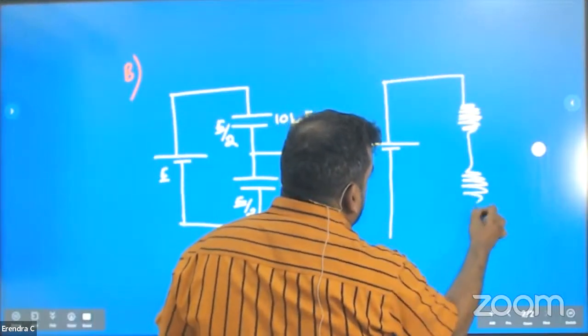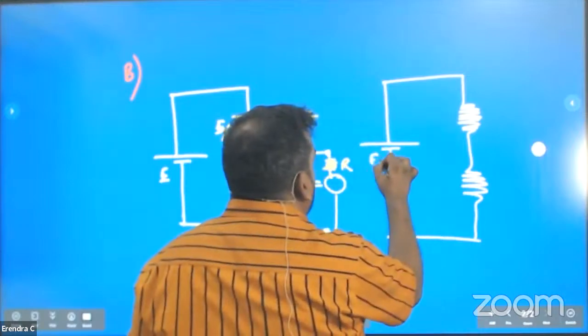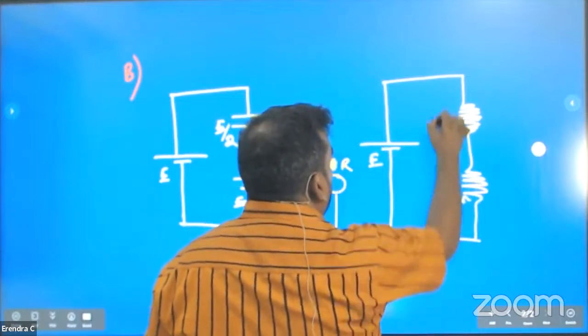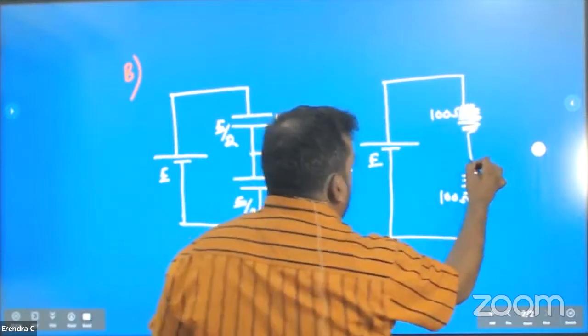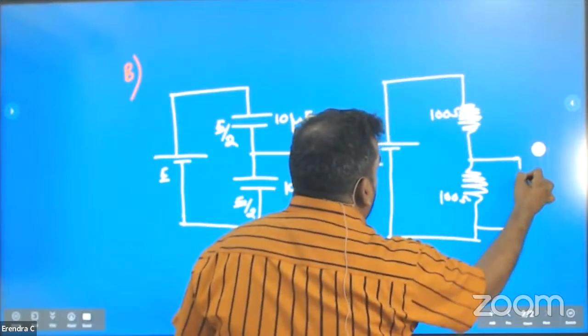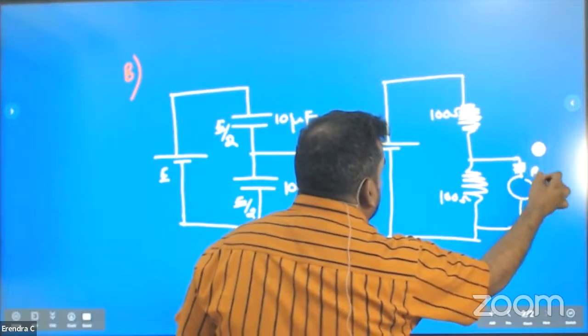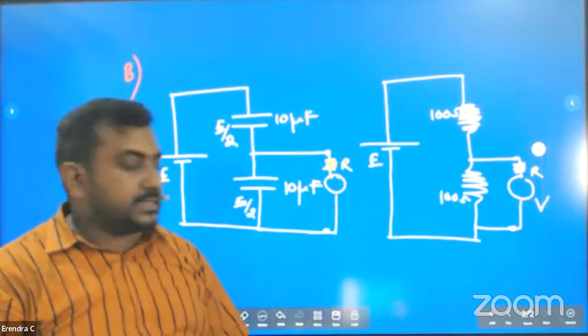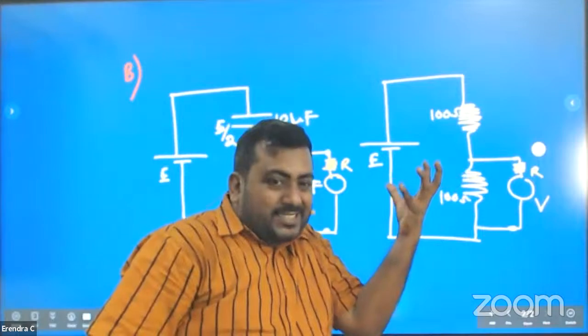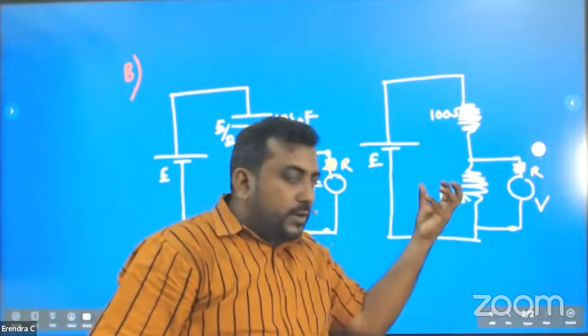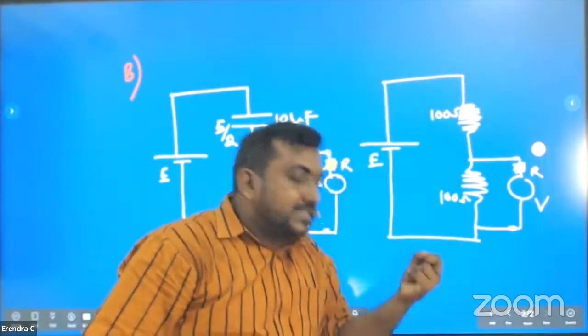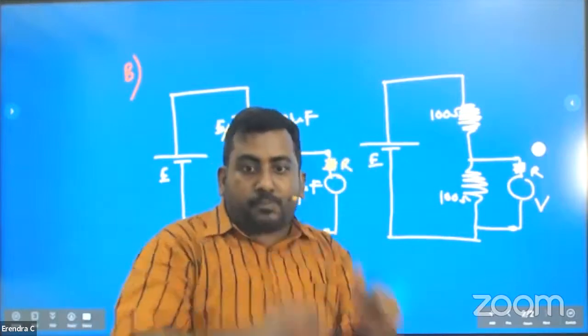Resistance here, resistance here. Don't forget this is 100 ohm. Now you know the voltage is divided. Now I connect a voltmeter here with finite resistance. Tell me now what happens. Effective resistance will become smaller, which means the potential difference will drop.